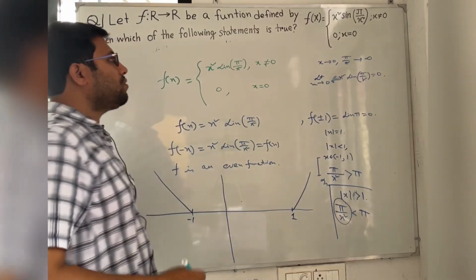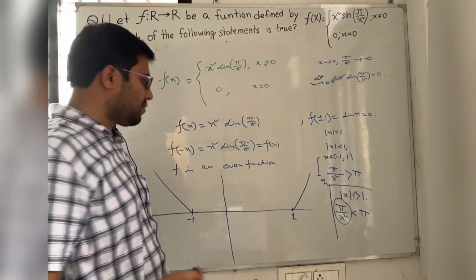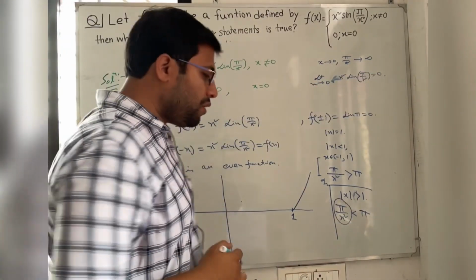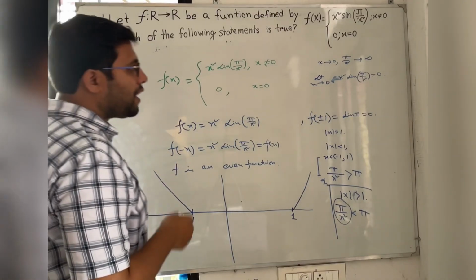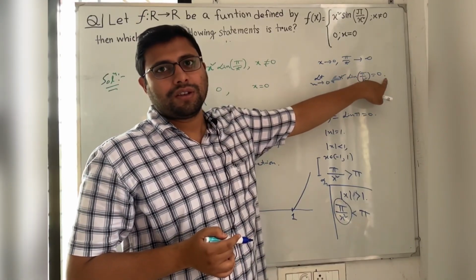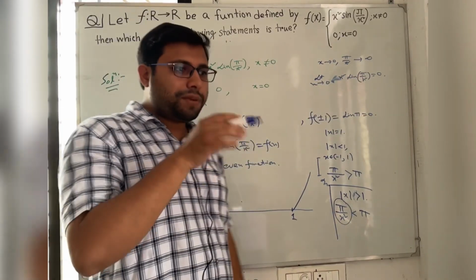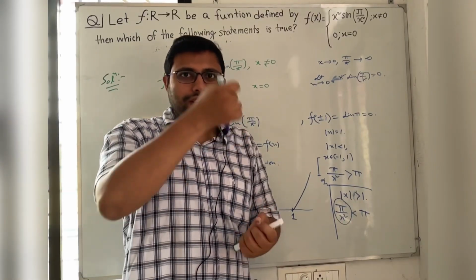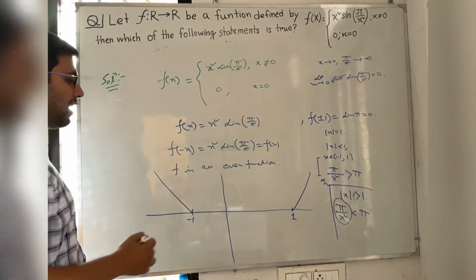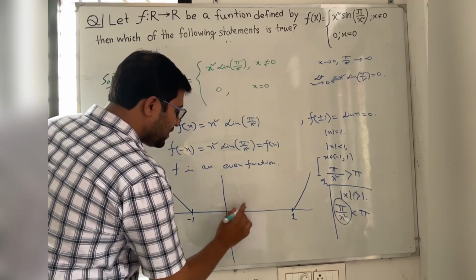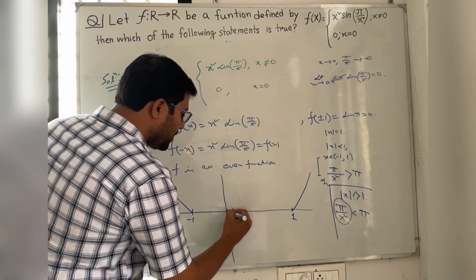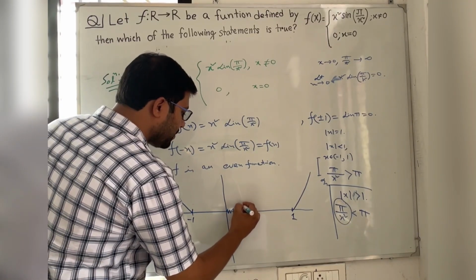Since pi by x square tends to infinity, it will oscillate rapidly. But as x tends to 0, since the function converges to 0, its frequency increases while the length of oscillation decreases simultaneously. So the graph will look like this: as x tends to 0, the frequency will rapidly increase, but the oscillation will decrease.